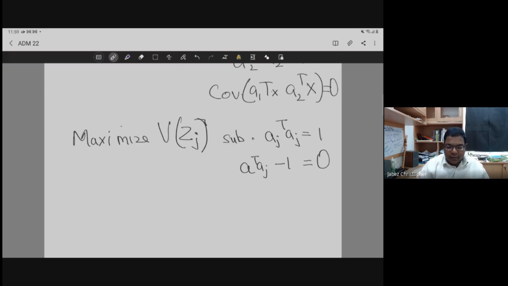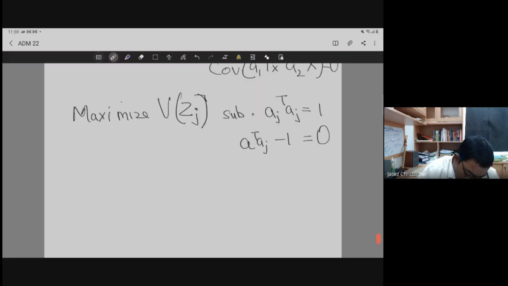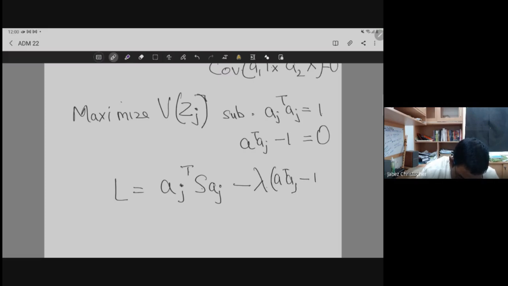Maximize or minimize, right? Let's go by using Lagrange. So I introduce the Lagrange variable L, which has the covariance, Lagrange variable S Aj, subject to the condition, right?